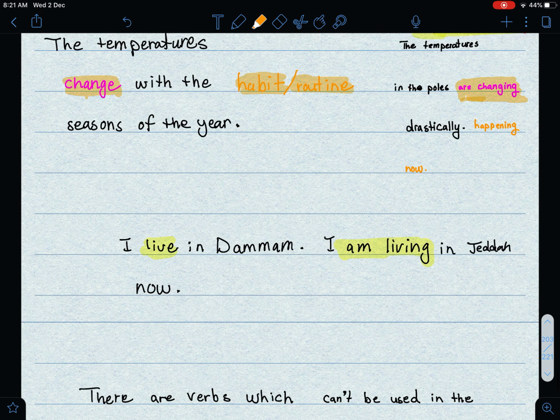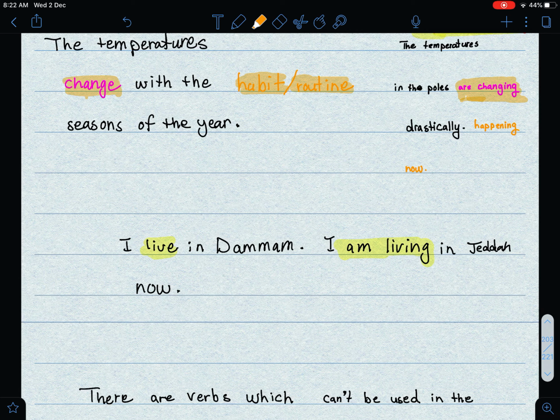So you understand. Let's take a look at these sentences one more time. The temperatures, اللي هي درجات الحرارة, not the temperature, فعشان كذا without s: the temperatures change with seasons of the year. طبعا here we're talking about habit or routine.